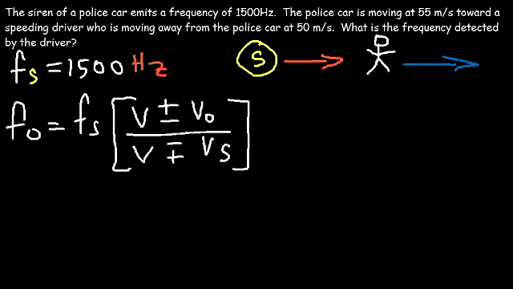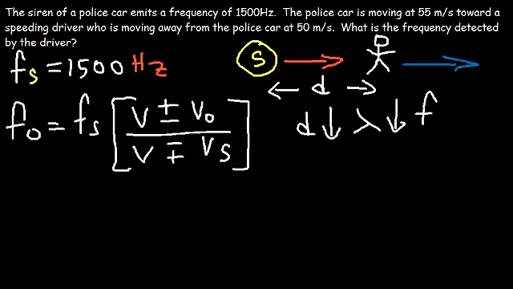The source is moving towards the observer, which means that that motion alone will cause the distance between the source and the observer to decrease, which decreases the wavelength, causing the frequency to increase. And the source is associated with the denominator of the fraction.